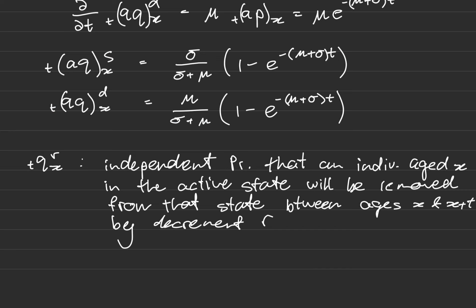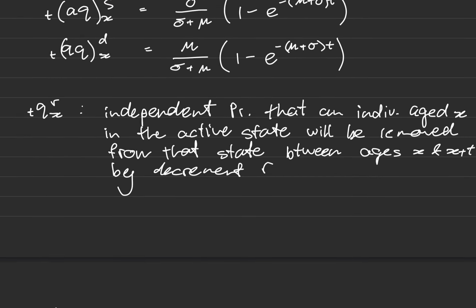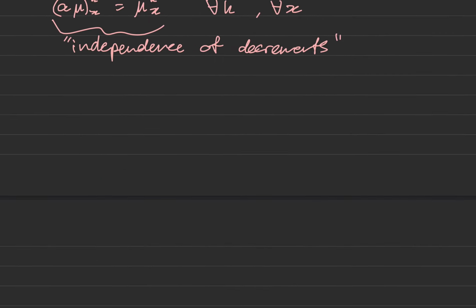Now, if you want to find the forces of decrement from an existing multiple decrement table, then we will do this. So aq x^s is equal to sigma over mu plus sigma, multiplied by that there.